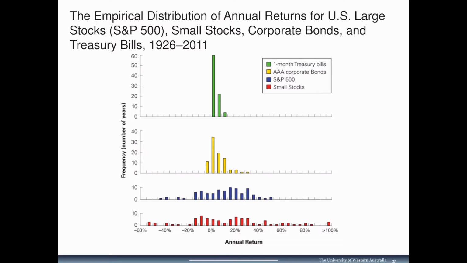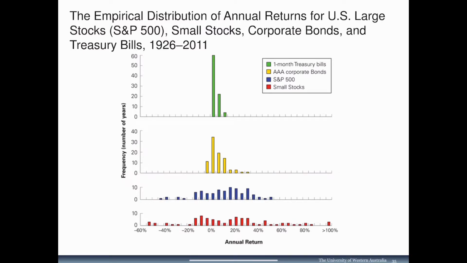So what conclusion can you draw if you stare at this graph? Small stocks has probably the widest dispersion, right? It ranges between minus 55% to about above 100%, whereas in comparison, the 1 month treasury bills is just concentrated in the middle. Which gives you an idea: are we able to use dispersion as a proxy for risk?